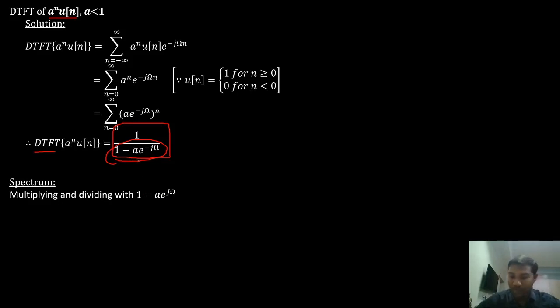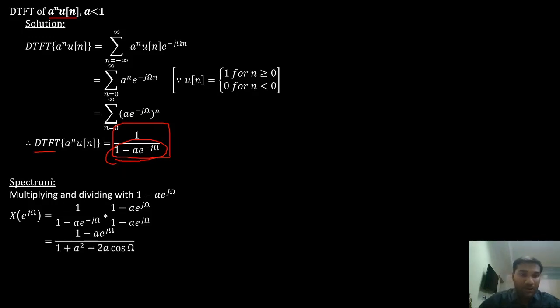So what will happen? The numerator is 1 minus a into e power j omega, and the denominator is 1 into 1, which is 1, then minus a e power minus j omega, and again minus a e power j omega, plus a square. Let me write it here.